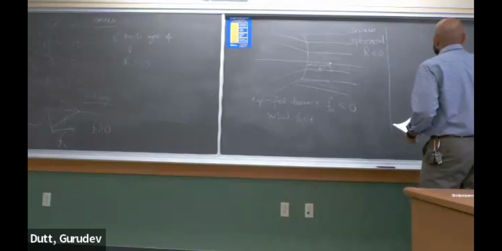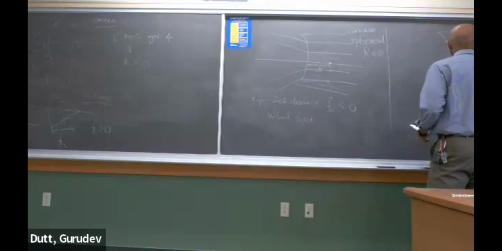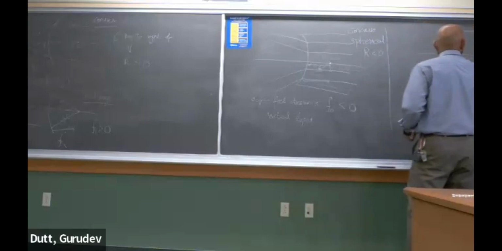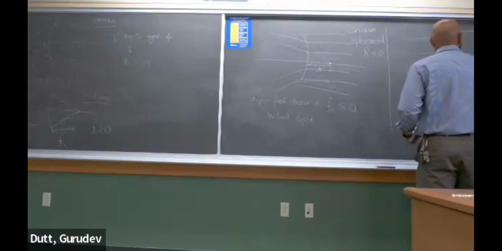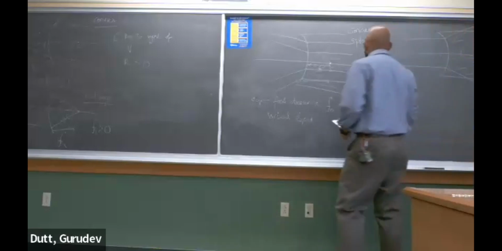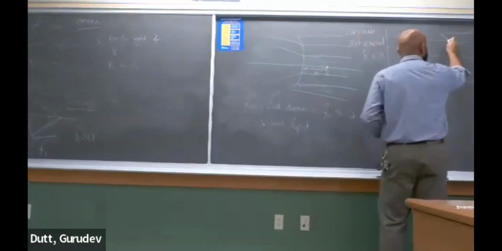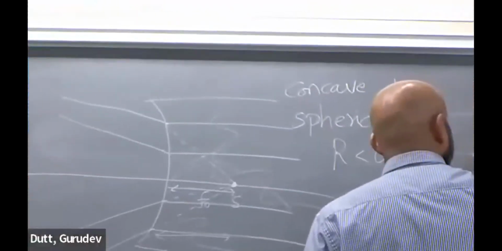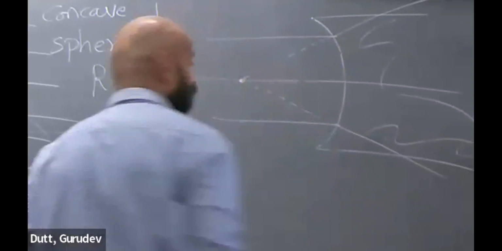Because now let's take that same concave spherical surface. And now imagine that the rays are coming in from infinity. Now they're going to diverge away because of refraction at the surface. And because they're diverging away, it looks like if I extended these rays back, they would appear to me at this point over here.